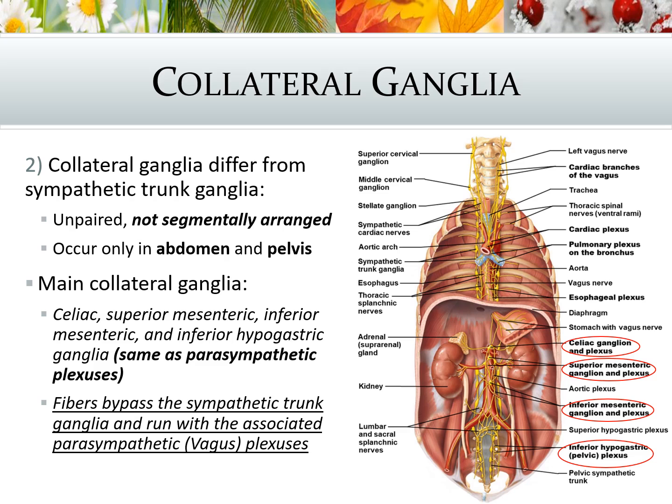So the celiac, superior mesenteric, and inferior hypogastric ganglia are the same as the plexuses. These fibers are going to bypass the sympathetic trunk ganglia along the spinal cord and run with the associated parasympathetic plexus. And when we're talking about the abdomen, we're talking about the vagus nerve, right? So those vagus nerve plexuses.